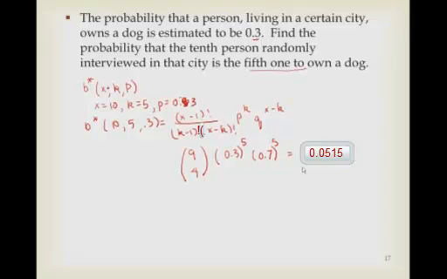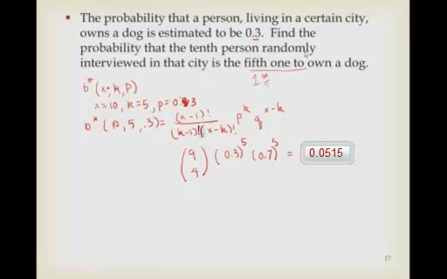So there we go. Now, we do have one special case, and that is the case where we have something exactly like this, but let's say you run into the first person to own a dog.